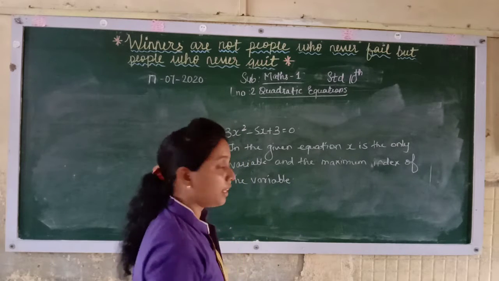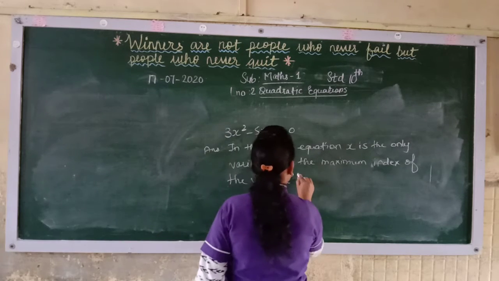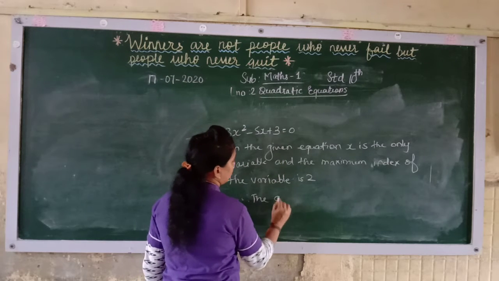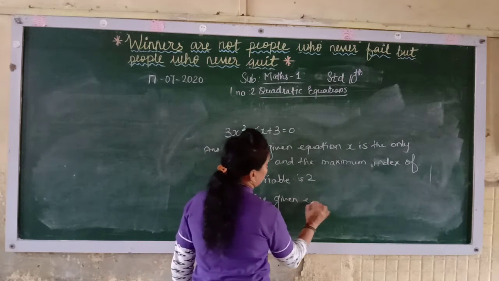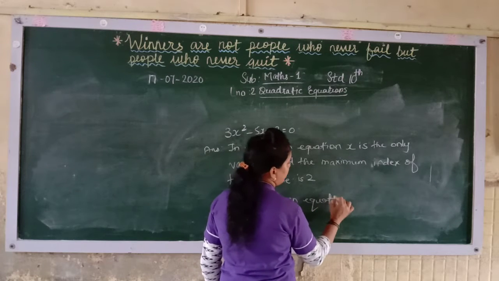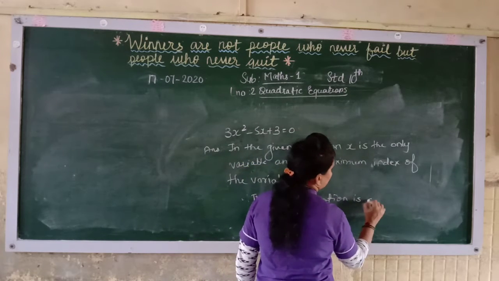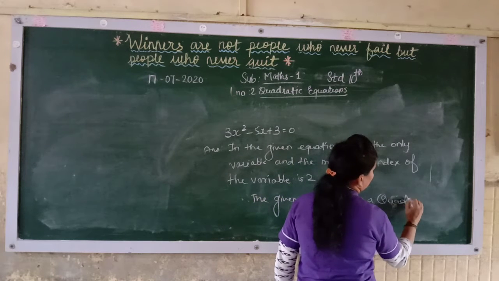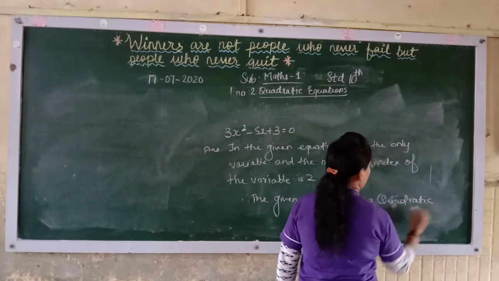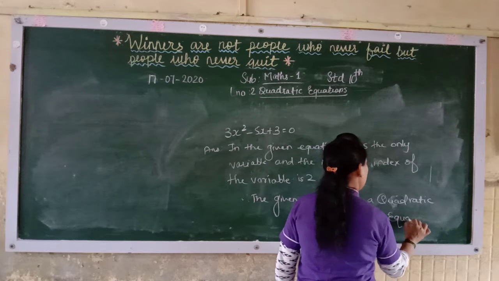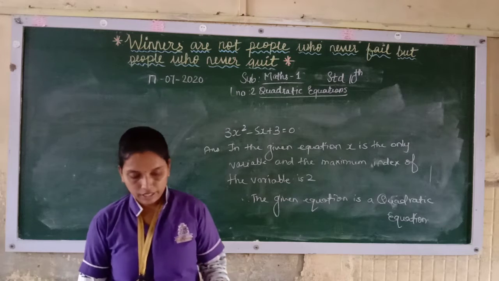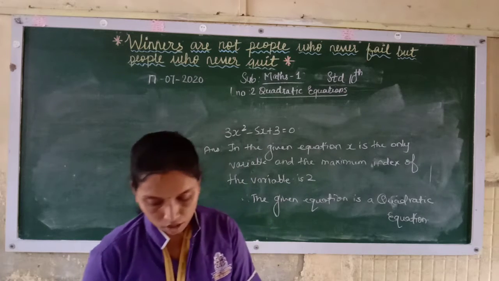Therefore it is a quadratic equation. Therefore the given equation is a quadratic equation. So this is how you can tell if it is a quadratic equation or not.